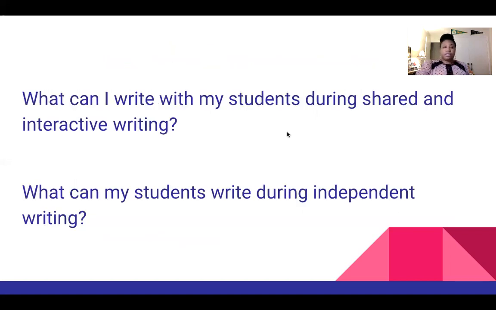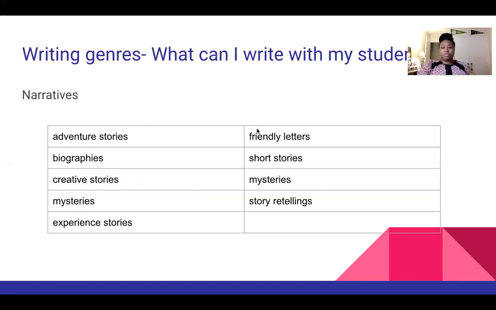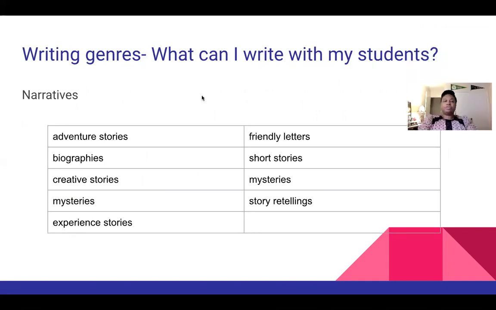Two good questions. What can I write with my students during shared and interactive writing? And what can my students write during independent writing? Well, I have a host of opportunities that you can use during these times. So, writing genres, you can have your students engage in narratives. And in some of our previous videos, you saw teachers having their shared writing or interactive writing experiences with their students, and they may have created some type of story.